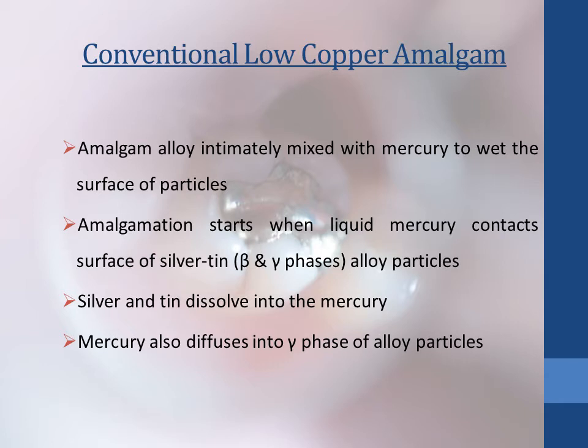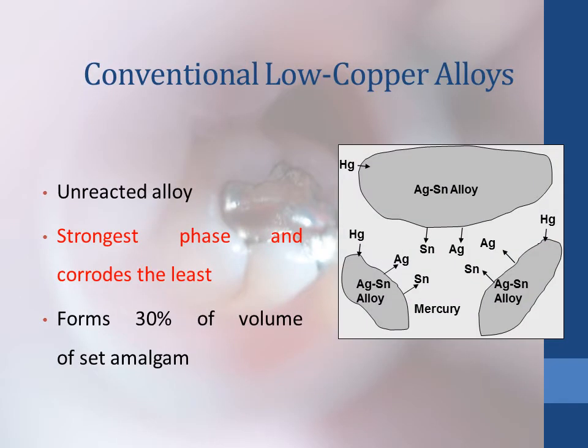As soon as the liquid mercury contacts the surface of the silver-tin alloy particle, the beta and gamma phases, the silver and tin dissolve into the mercury, and mercury also diffuses into the gamma phase of the alloy. If you look at the diagram, this is a silver-tin alloy. The tin and silver leach out, and the mercury starts reacting with them.